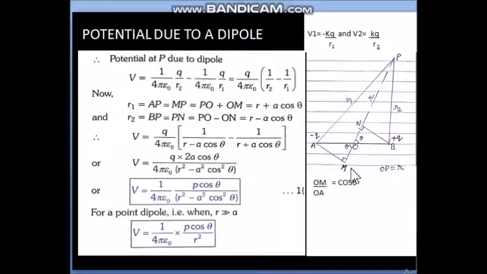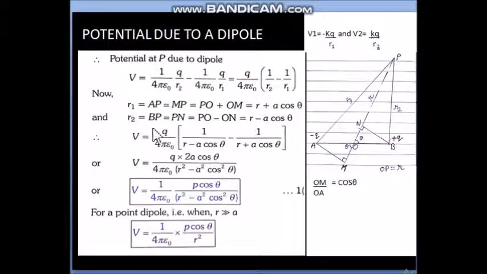In this, OM is the base because theta is always with the base, and the side in front of the 90 degree angle is always the hypotenuse. So if we find OM upon OA, that means base upon hypotenuse, it is cos theta. So OM is OA cos theta. But the OA distance is a, so OM can be written as a cos theta. This way we have found R1 equal to R plus a cos theta.